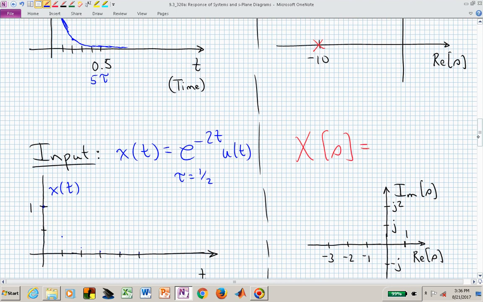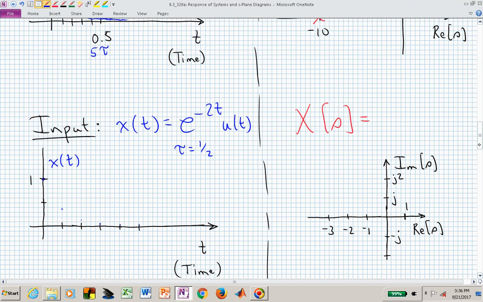What if, in fact, we excited this system with something other than an impulse waveform, and let's say that we excited it with an exponential decay, where now we look at e to the minus 2t. U of t is now a switch, so this just says we're looking at e to the minus 2t for non-negative values of time. And what does that look like? Well, at time 0, e to the 0 is 1. Then e to the minus 2t, well, what is 2 in the exponent?